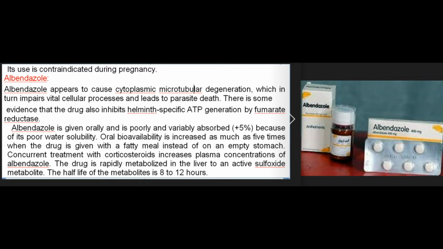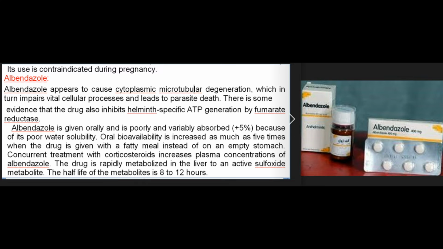Albendazole appears to cause cytoplasmic microtubular degeneration, which in turn impairs vital cellular processes and leads to parasite death. There is some evidence that the drug also inhibits helminth-specific ATP generation by fumarate reductase. Albendazole is given orally and is poorly and variably absorbed, less than 5%, because of its poor water solubility.